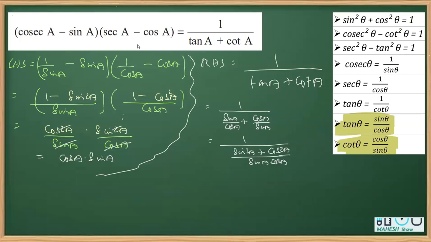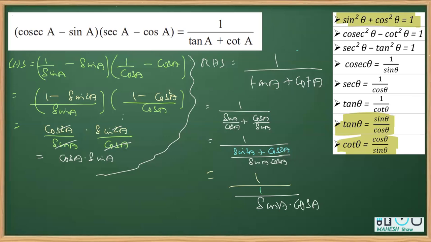Now, what you can observe here is that sine square A plus cos square A is 1. That is from the first identity. So the numerator is 1, and this is divided by (sine A over cos A).